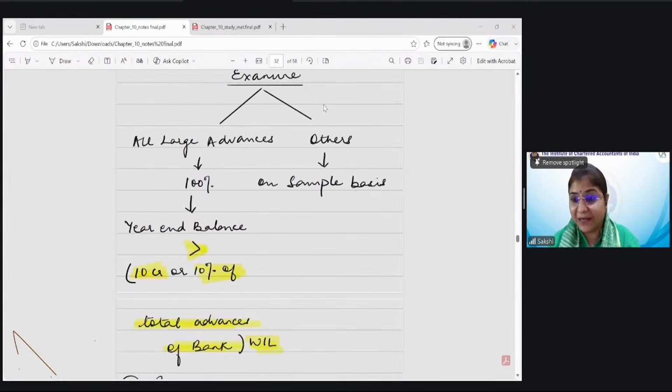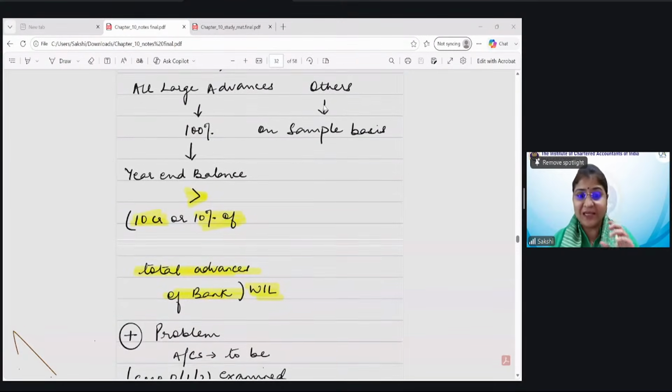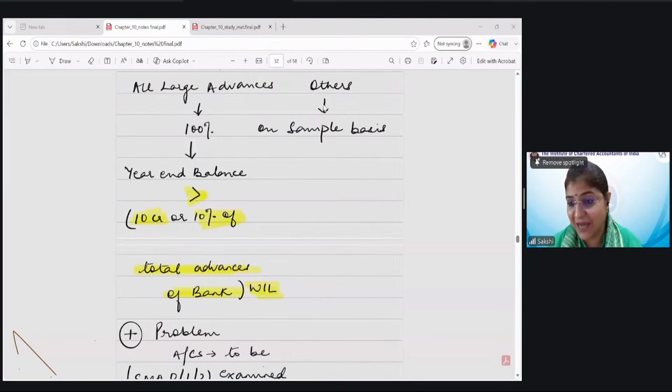At the year end, the borrower's account has a balance of more than 10 CR or 10% of the total advance of the bank, whichever is less. Suppose it is 10.5 CR. Then we call it a large advance.